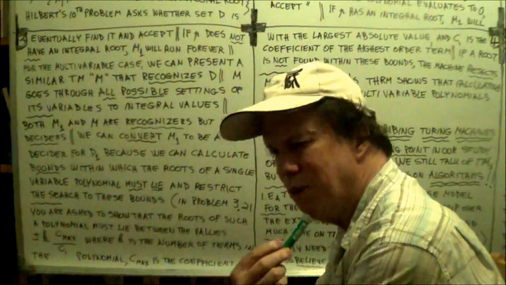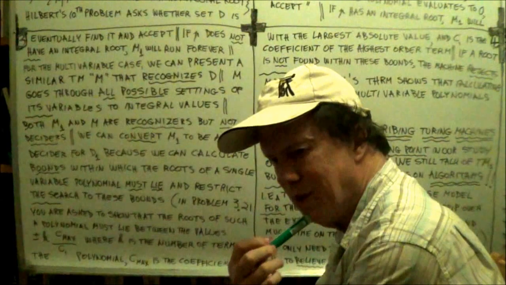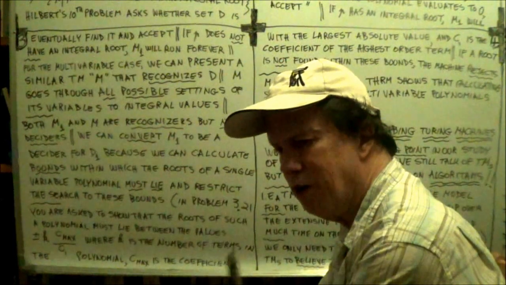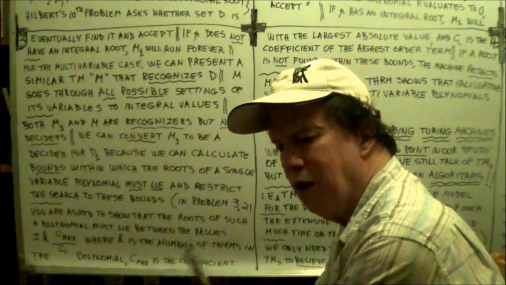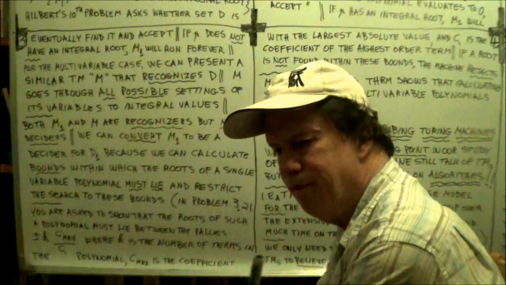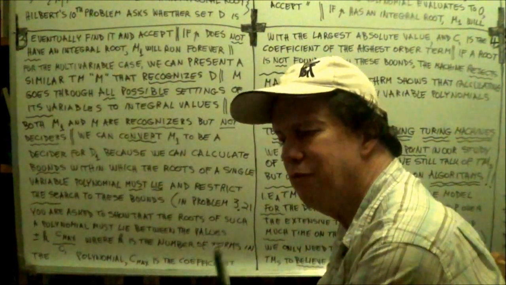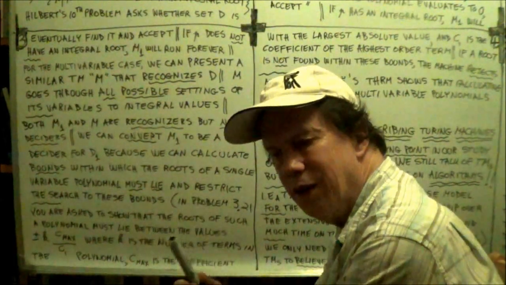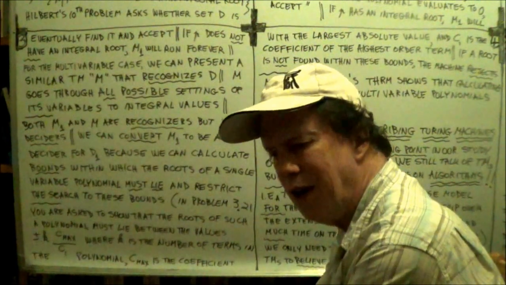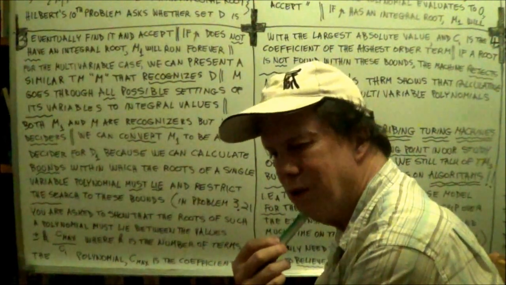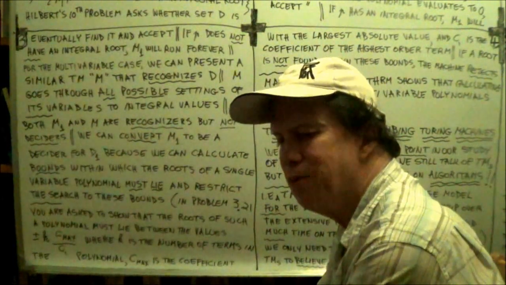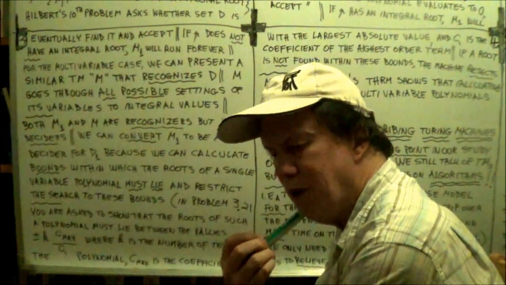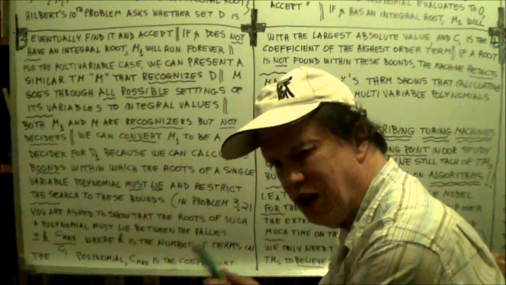So intuitively, if you can use bounds, then you can test if the polynomial does not equate to 0 for all candidate roots, for all possible values of x inside those bounds. If all those candidate roots equate to non-zero inside those bounds, then you know that there is no root. Okay, and then you can reject.